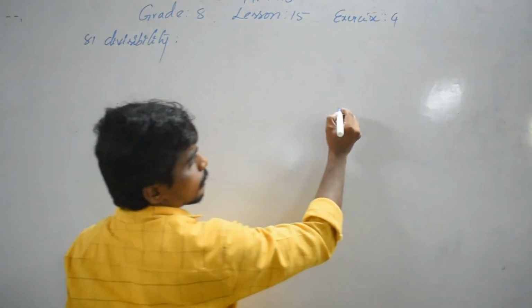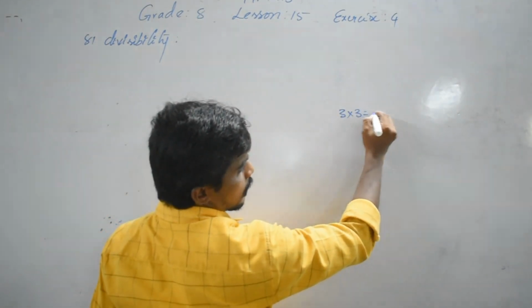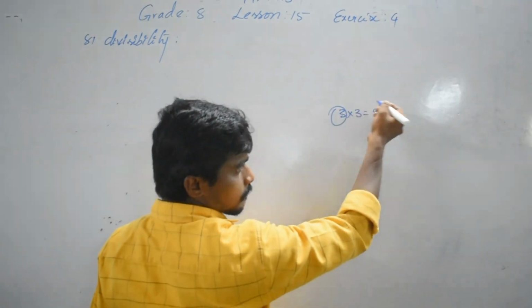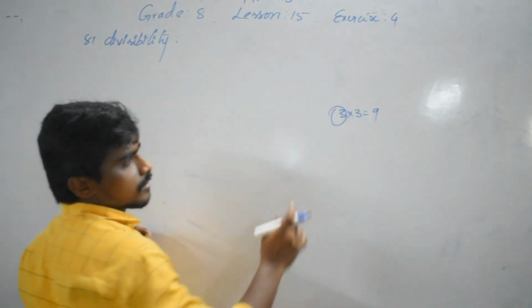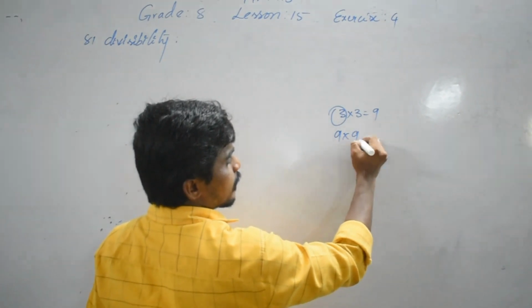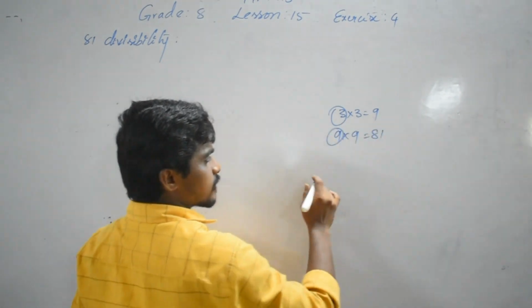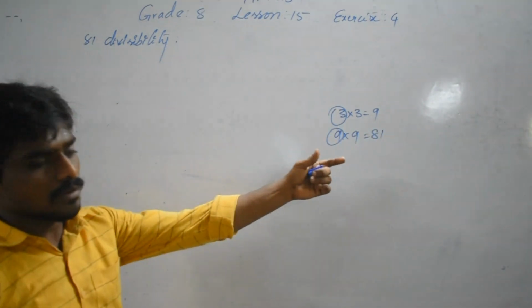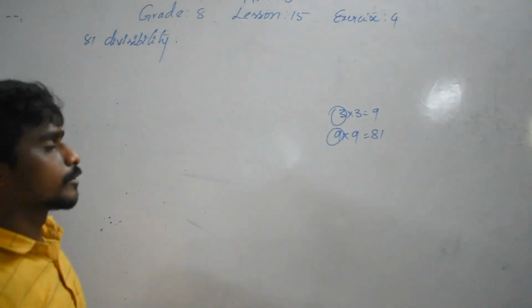See, 3 3s are 9, so the 3 divisibility rule is related to 9. And 9 9s are 81. So what is the 9 divisibility rule? The 81 divisibility rule is the same.